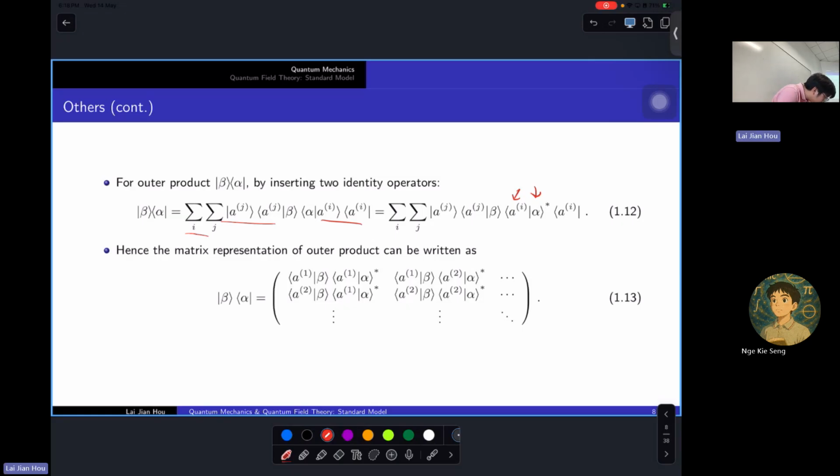If you look at this, these will be our components, the entries that we put in our matrix representation. So the matrix representation of the outer product can be written as a square matrix.